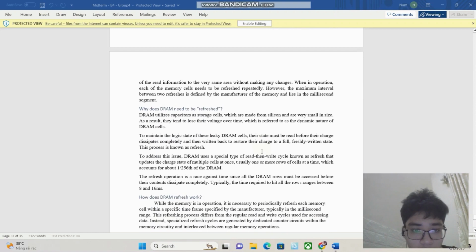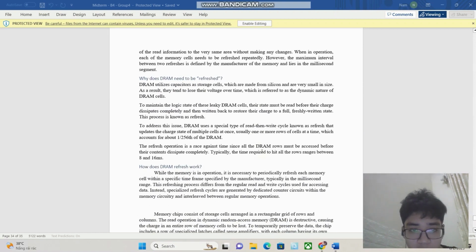Why does DRAM need to be refreshed? DRAM utilizes capacitors as storage cells, which are made from silicon and are very small in size. As a result, they tend to lose voltage over time, which is referred to as the dynamic nature of the DRAM cell.